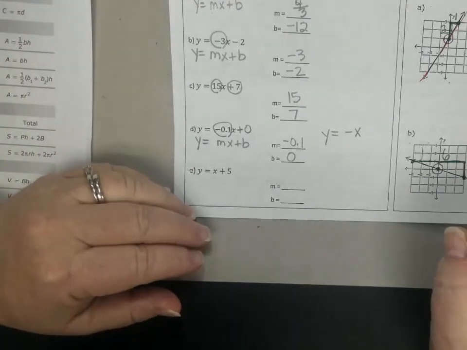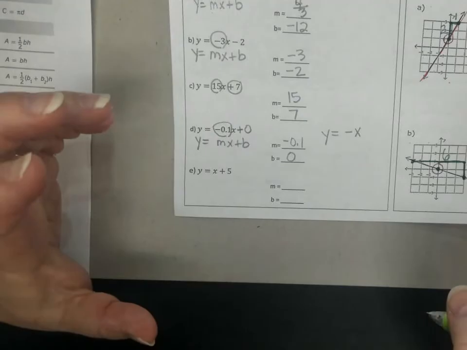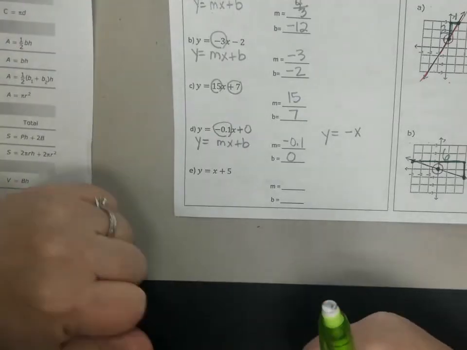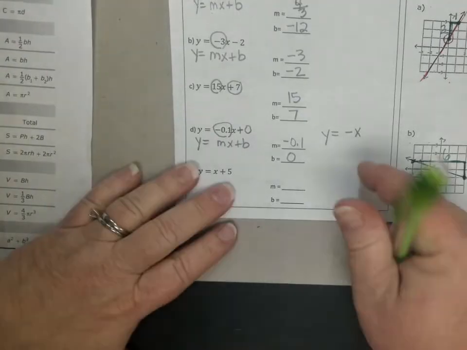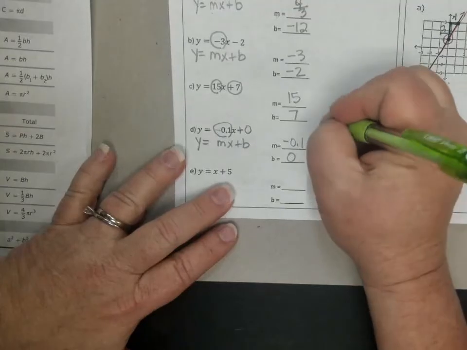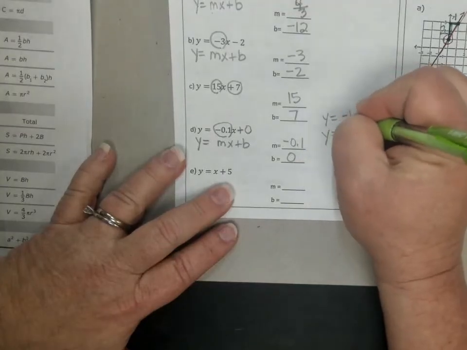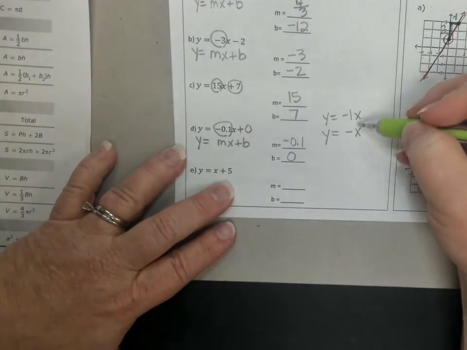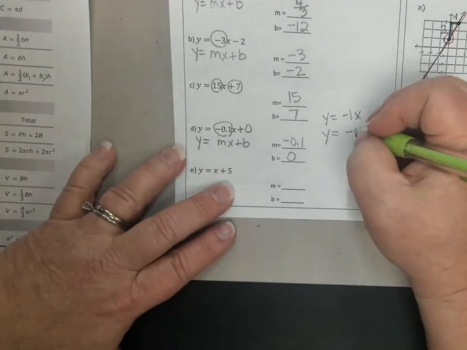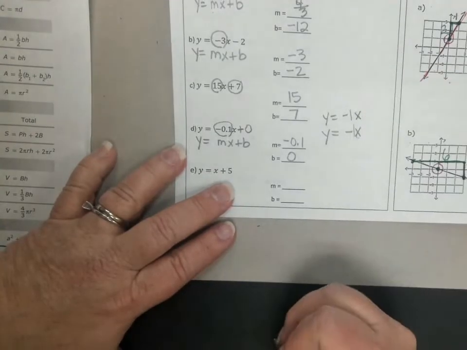And it's just, we're lazy. I keep telling you that. Mathematicians are lazy. This is the same thing as y equals -1x, okay? Those are the exact same thing. We just leave that one out of there, all right?